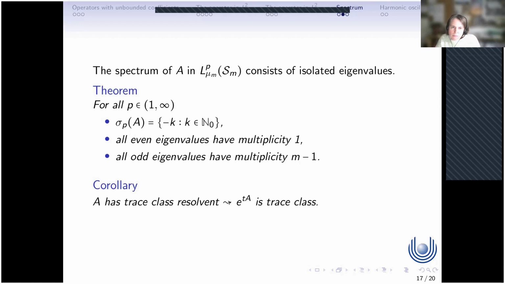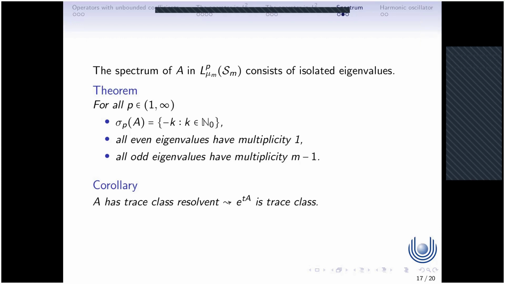We can also say something about the multiplicity of these eigenvalues. More precisely, the even eigenvalues have multiplicity 1, and the odd eigenvalues have multiplicity m minus 1. Again, remember m is the number of rays in the star. In particular, you can study the summability of these eigenvalues, and you can see that for this reason, A has trace class resolvent, so in particular, the semigroup is trace class as well.